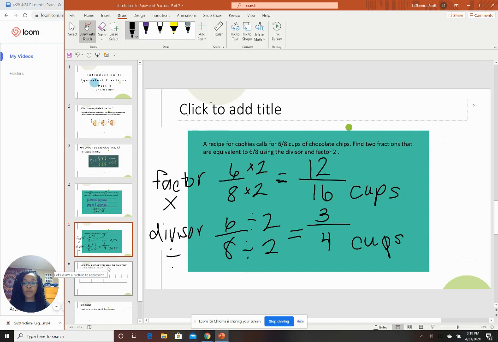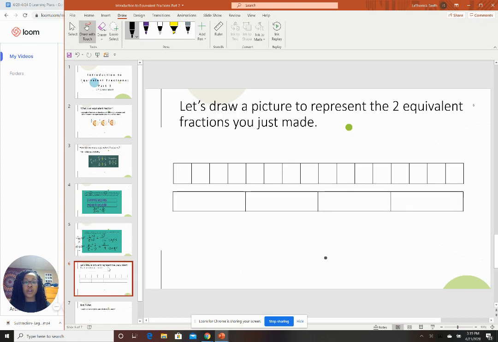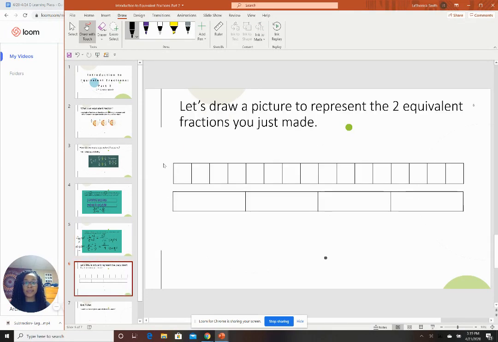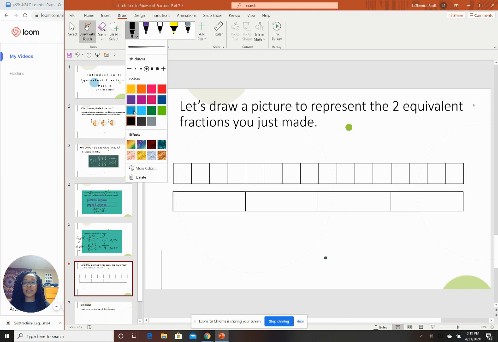All right, so now we're going to draw a picture to represent the two equivalent fractions that we just made. The first one was 12/16. I already have 16 right here. I'm going to count to make sure. 1, 2, 3, 4, 5, 6, 7, 8, 9, 10, 11, 12, 13, 14, 15, 16. Okay, we are good to go.